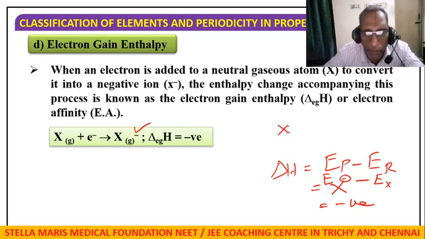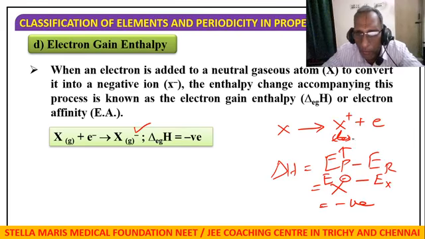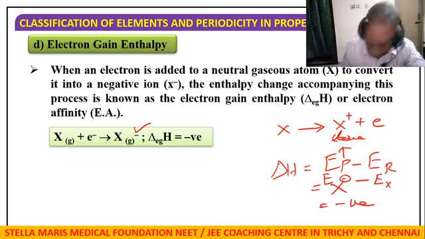But if an atom gives one electron, here the energy of the product X plus is a higher value, and the reactant energy is a lower value. So the energy of the product is higher and the energy of the reactant is lower. That is why it is positive.